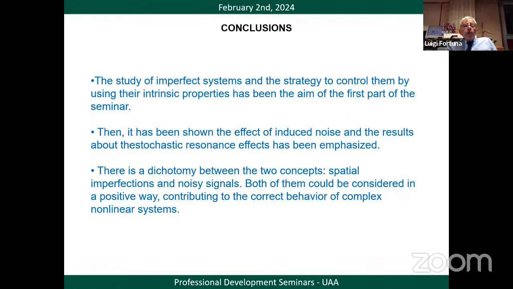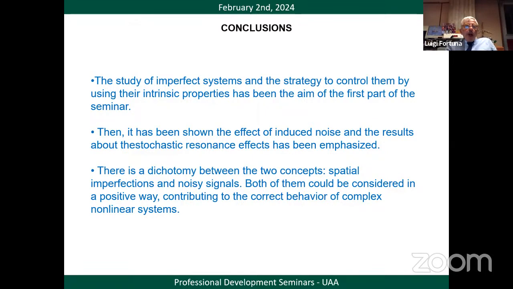We now show the conclusion, essentially due to the fact that imperfections, noise, and nonlinearities are each linked together. Without nonlinearities, imperfections are dangerous. Without imperfections, we cannot have some benefits.